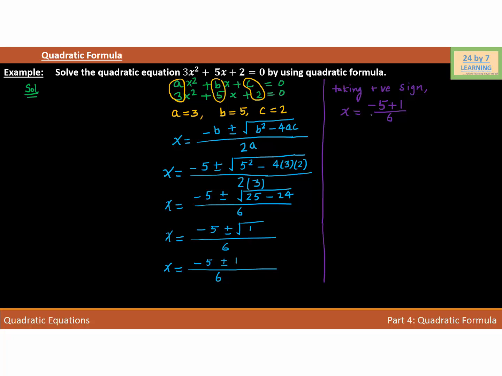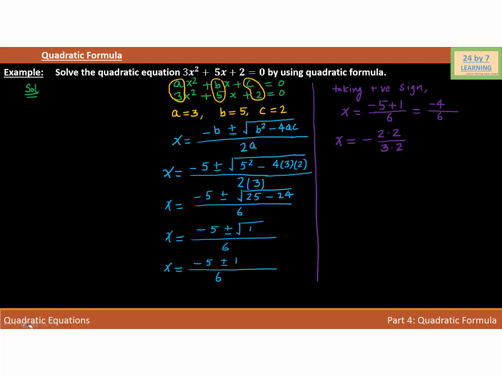And negative 5 plus 1 is basically negative 4 over 6. I'm going to simplify this further, and if I do that, I will write x is equal to, the factor of 4 is basically 2 times 2, and the factor of 6 is 3 times 2.